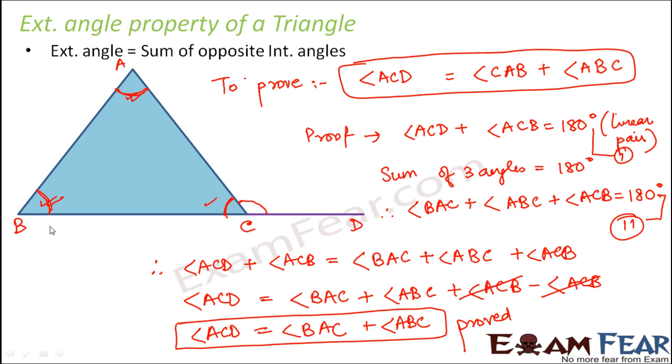First of all, the exterior angle should be formed on the vertex of the triangle. Secondly, it should be located outside. Third, most important point is that the exterior angle's arms, one arm should be a side of the triangle, the other arm should be an extended side of the triangle.